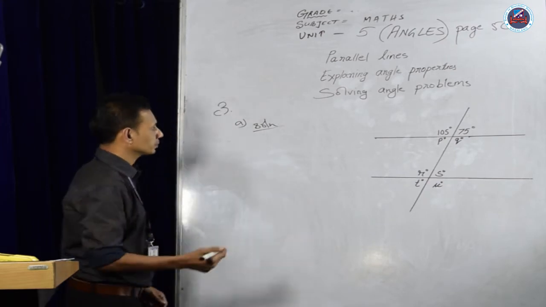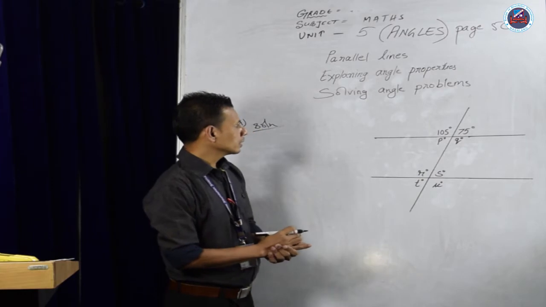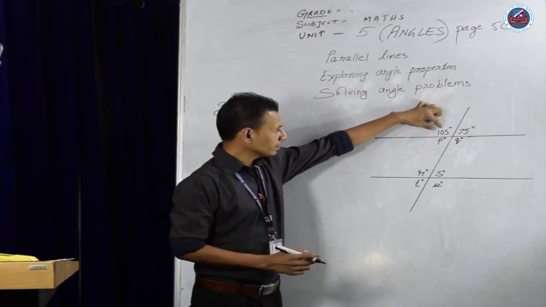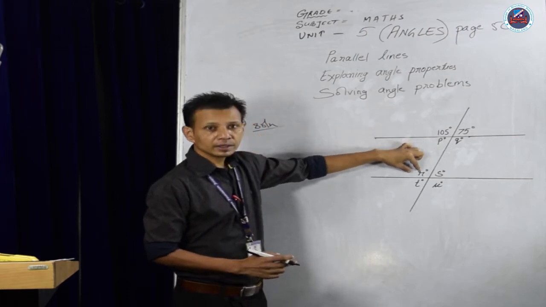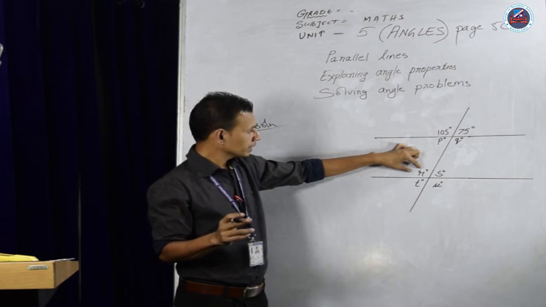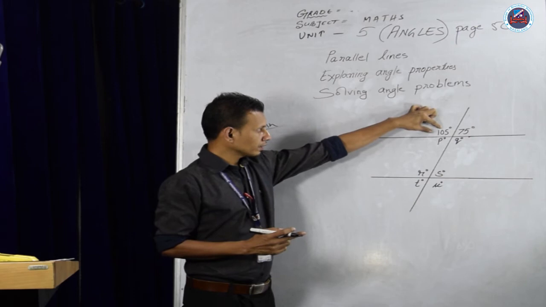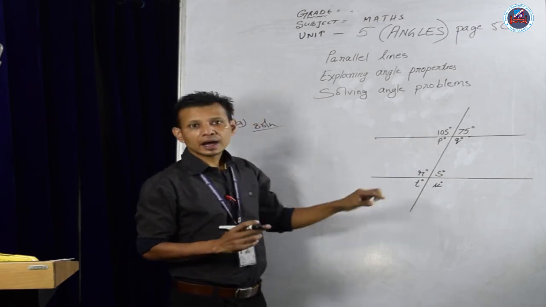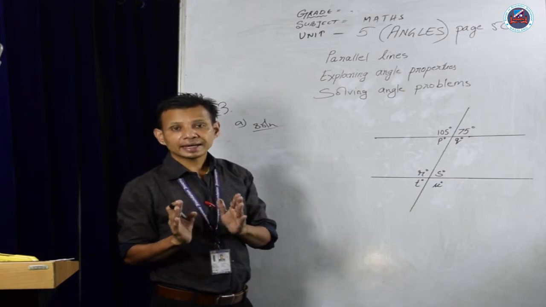According to your question number A, what other angles are 105 degrees? Let's find out. Let's have a look at this diagram. 105 and R, are they same or not? Yes, because 105 is on the same side, 105 and R are same. They are corresponding angles.